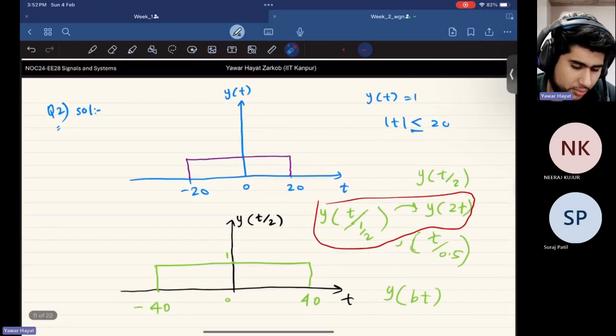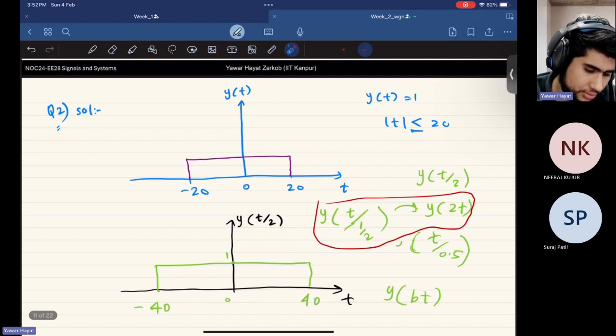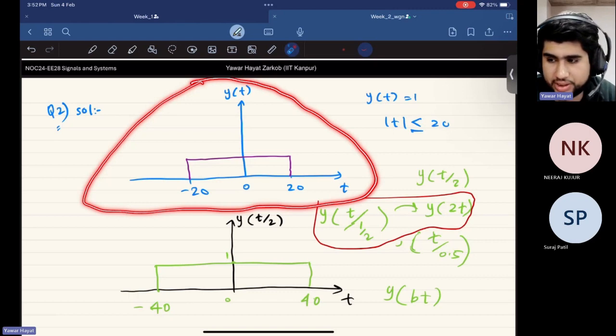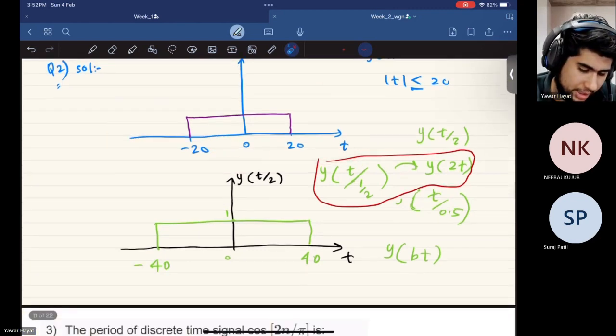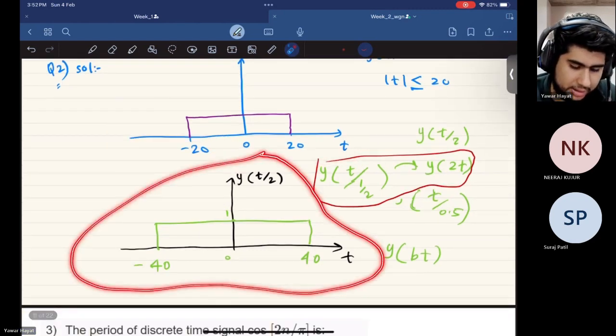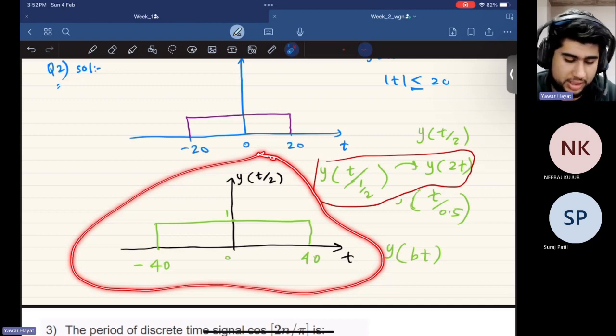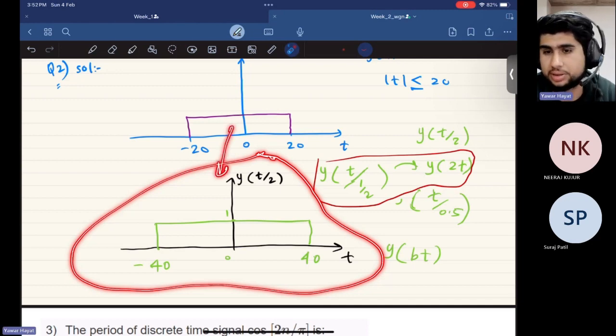The question I was posing was: if this is our original signal and this is the signal obtained by using the operation y of t by 2, is this expansion or compression?